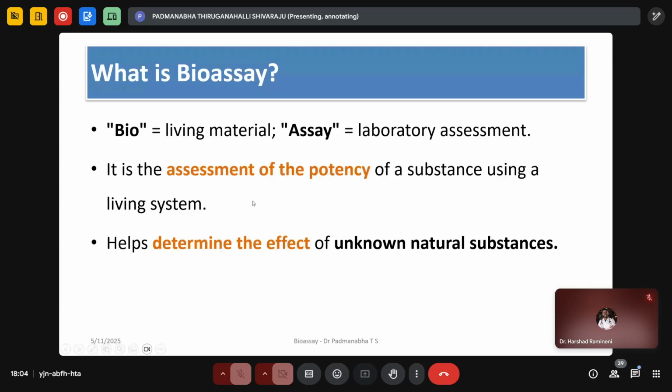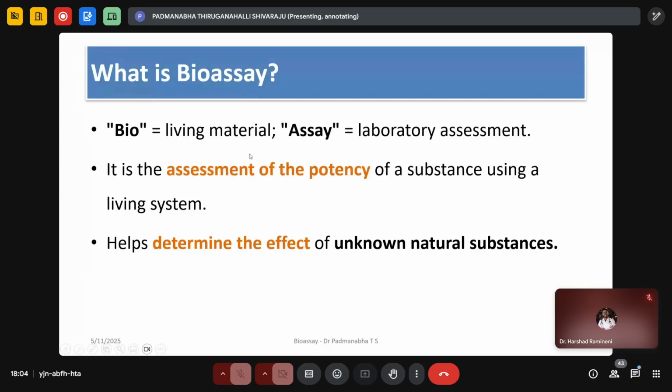So basically, why we want to do this bioassay: it helps to determine the effect of unknown natural substances. When we derive any substance from a natural product, we will not know how it is going to affect our biological system. So before giving a trial on humans, we want to check these effects on animals as well as in cell tissue.